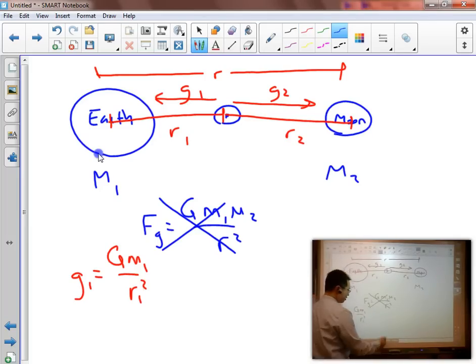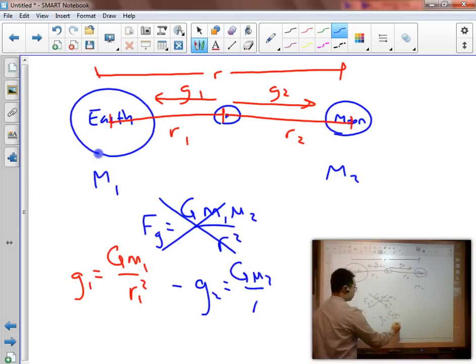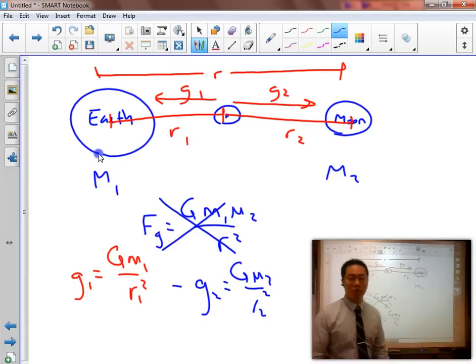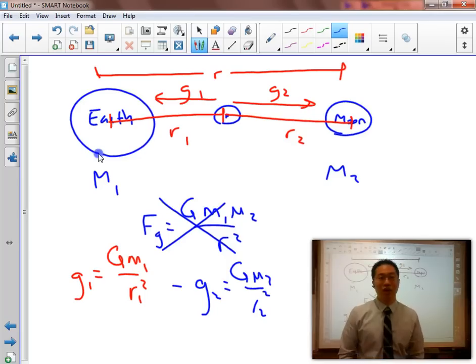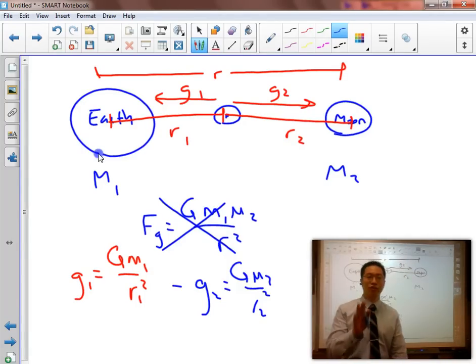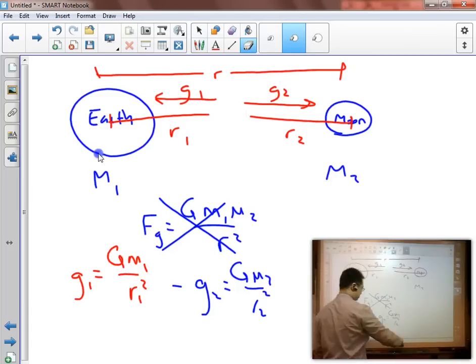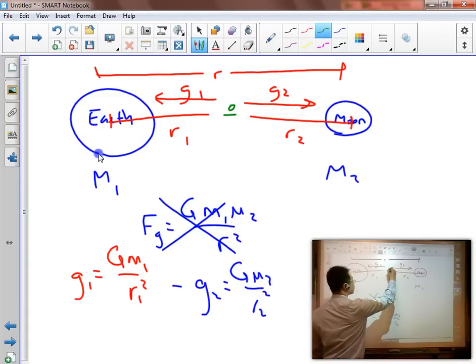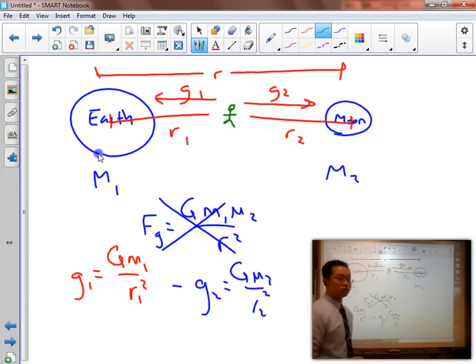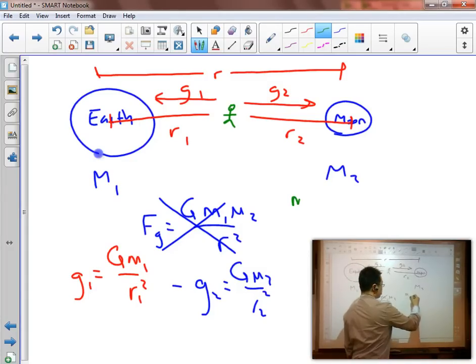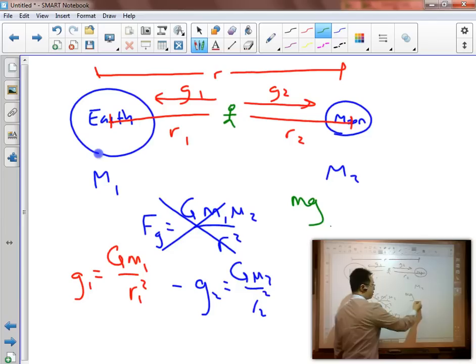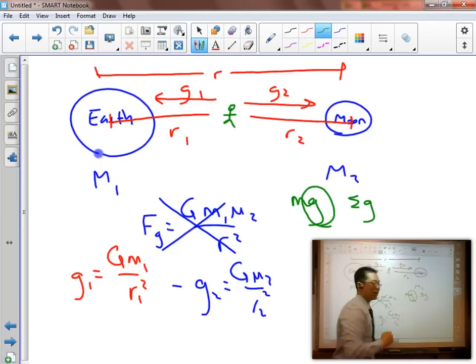And I would subtract that from g2, which is equal to G M2 over R2 squared, because they're pointing in opposite directions. Okay? And once I know what the total gravitational field is at that location, if I were to put a little astronaut over there in between, we could solve for his overall mg based on the combined gravitational field.